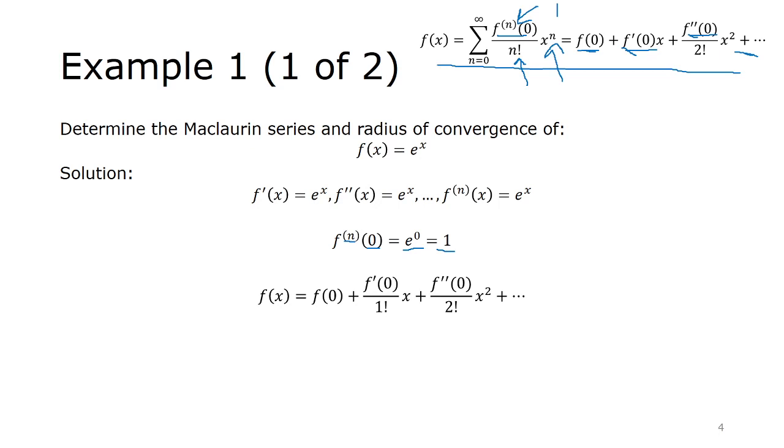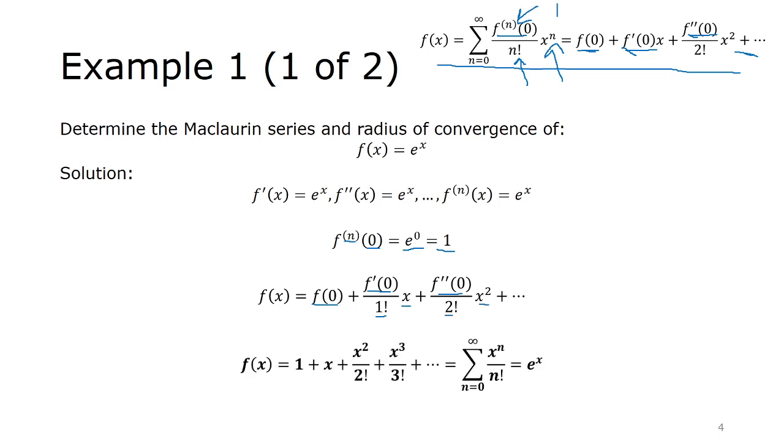So we have f(0), that's 1, plus that divided by 0 factorial times x^0, which is 1 divided by 1 times 1. The second term, we've got the derivative at 0 divided by 1 factorial times x, second derivative at 0 divided by 2 factorial times x squared, so on.